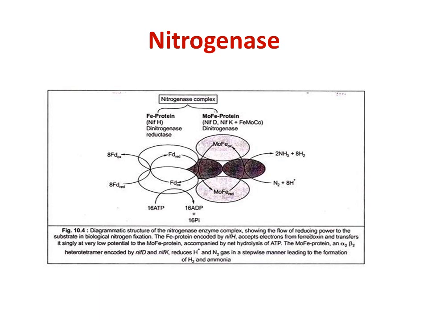This dinitrogenase is a tetramer where it has two copies of two different subunits, alpha and beta, which are coded by NIF-D, NIF-K and so on.